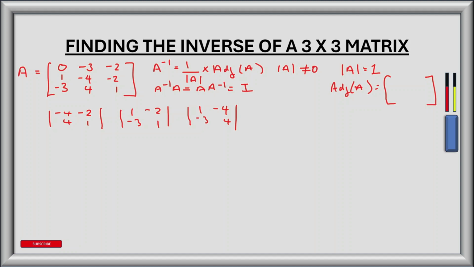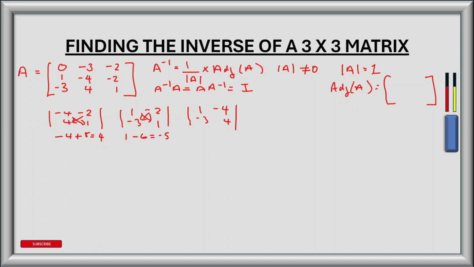So the first determinant is this number times this number minus this number times this number. So we have -4, and -8 becomes +8. That equals 4. So we have 1 times 1 minus -2 times -3. That is 1 minus 6, which is -5.